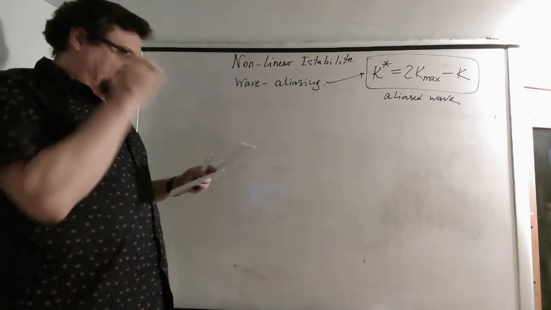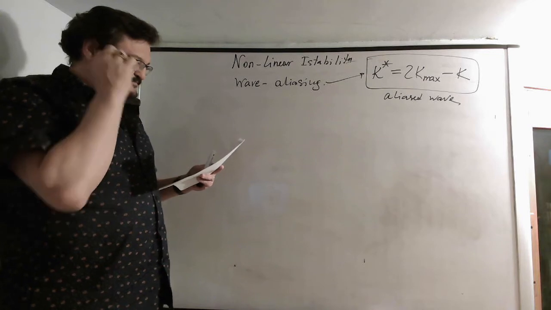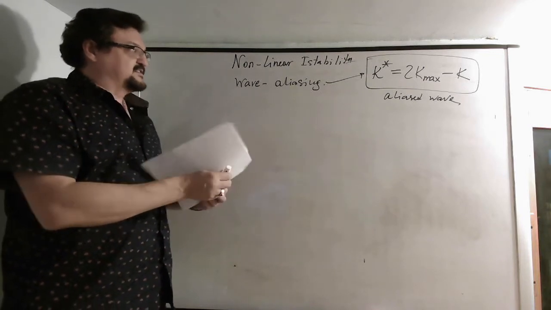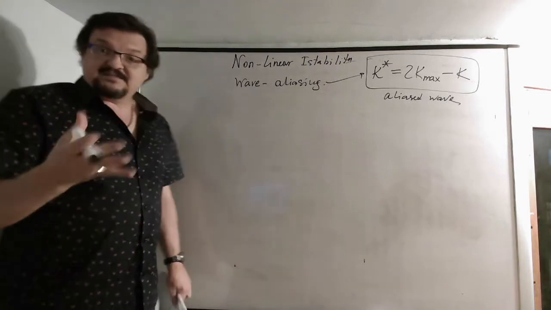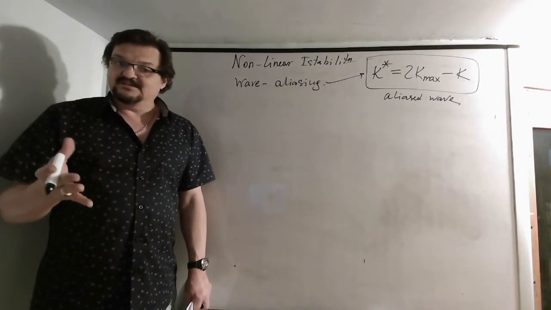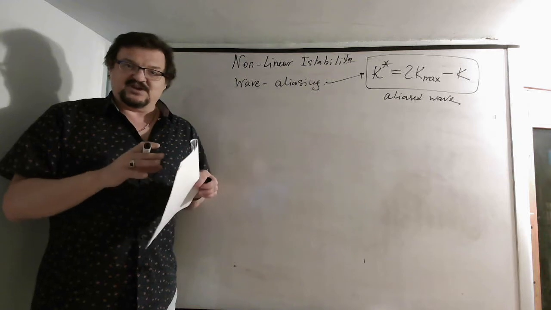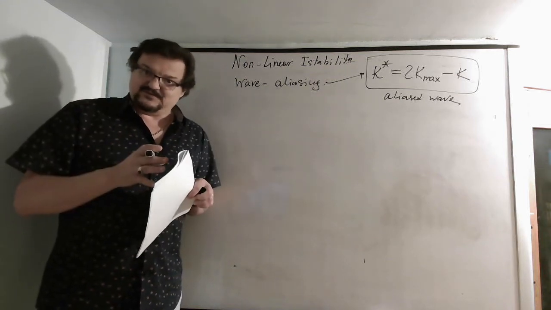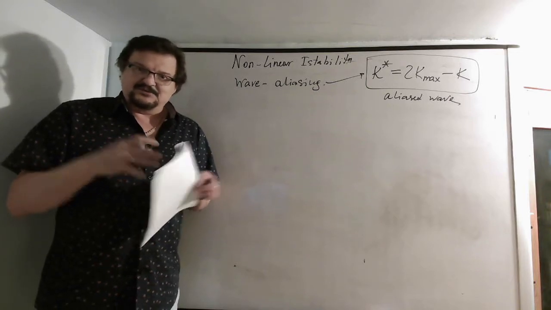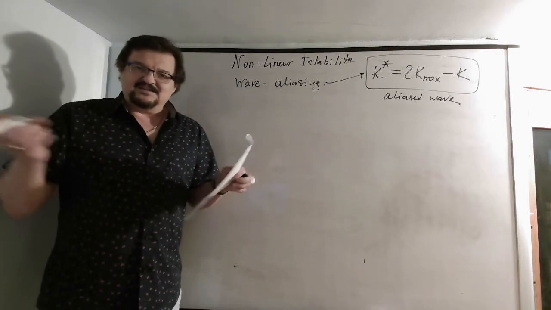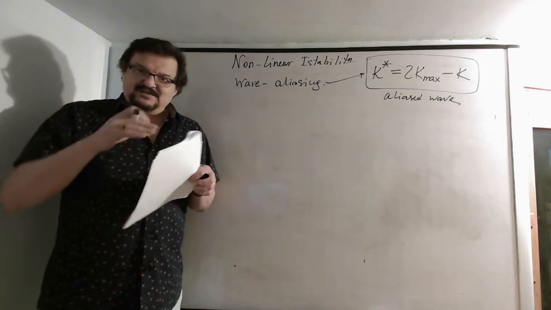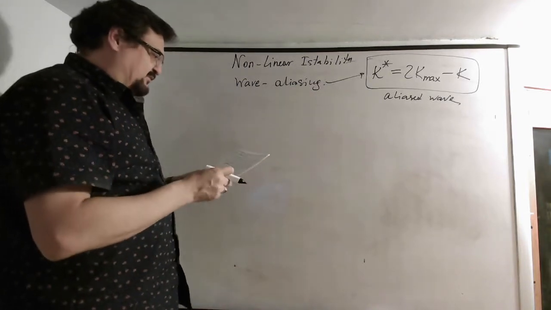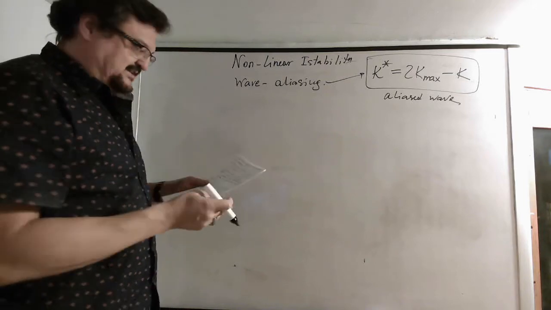And let's see what those waves are, because that's actually a recipe for disaster. If a wave interacts with some other wave and the aliased wave is the same wave we started with, then you don't get rid of energy, and if you keep adding energy from other waves, your energy will start building up. So let's find those waves that actually exist.